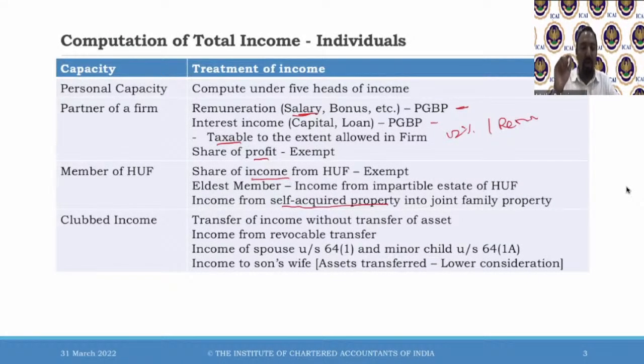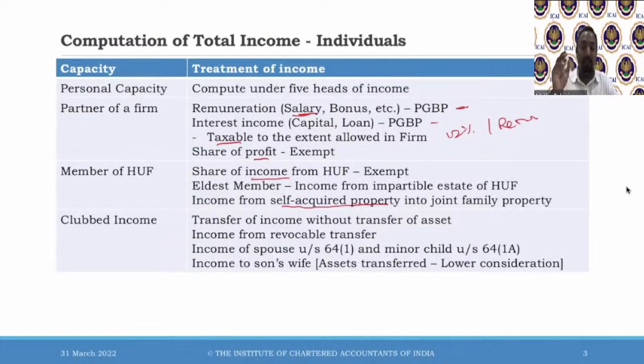This slide explains what income needs to be treated in what manner. If it's an individual, whatever income is taxable under the five heads is taxable, and whatever clubbing applies is taxable. Apart from that, we discussed a firm and a HUF. For a firm, whatever income the firm provides to the partner is taxable in PGBP, but in case of share of profit, it is exempt.